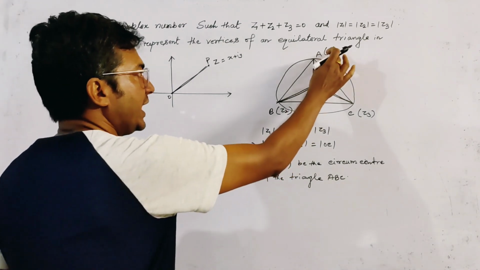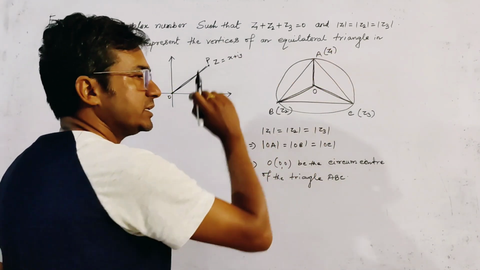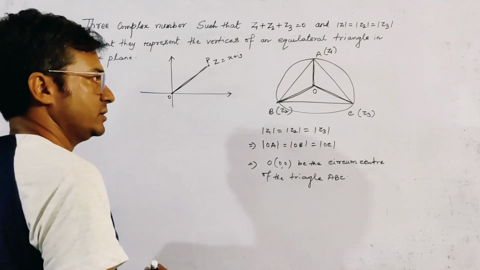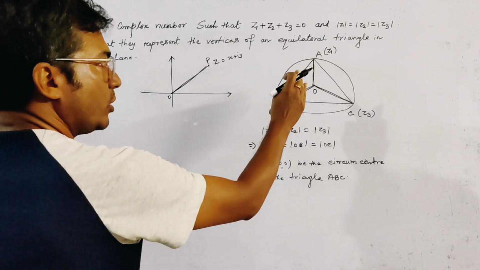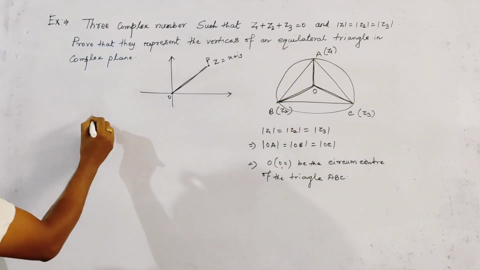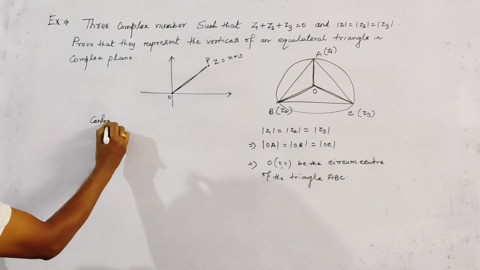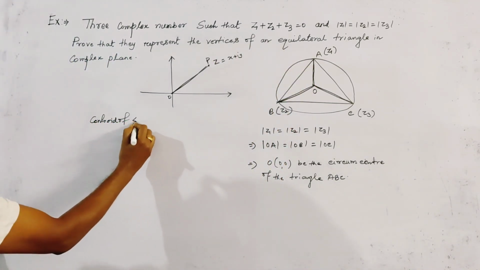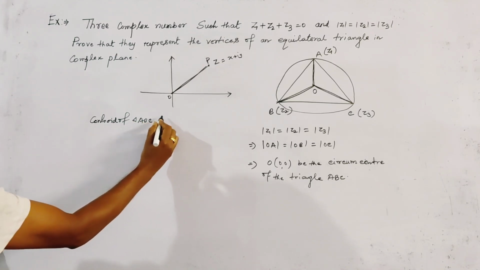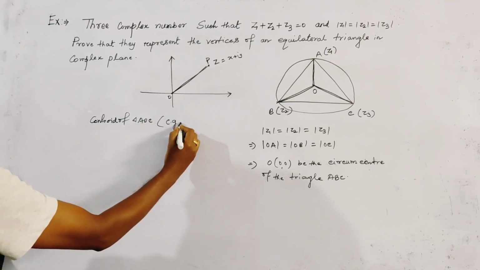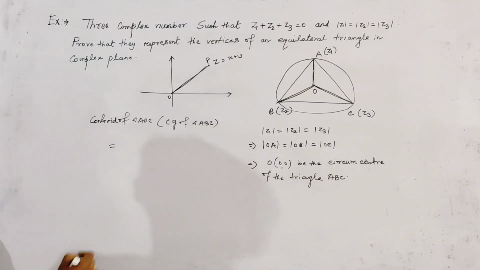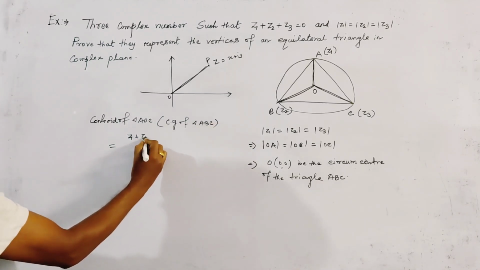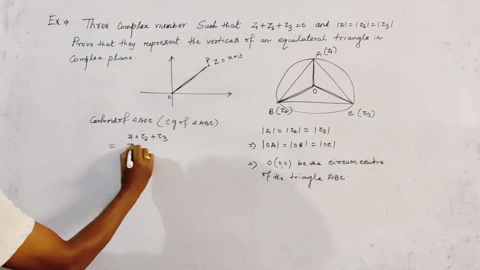Now since A, B, C represent three complex numbers, we have to find the centroid of this triangle. The centroid of triangle ABC, or we can say the CG of triangle ABC, is given by Z1 plus Z2 plus Z3 by 3.